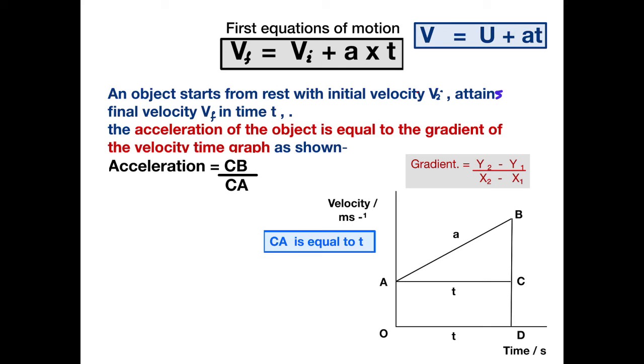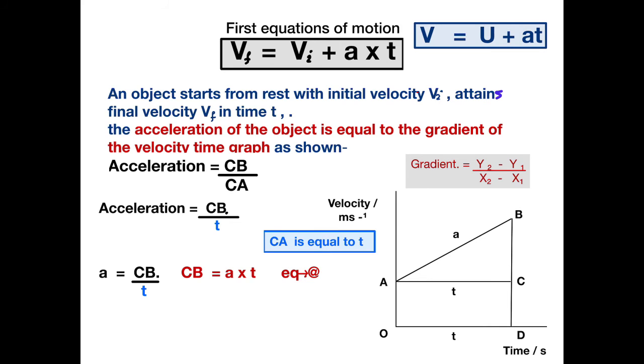Now CA represents time, as this is parallel to time axis, so we can replace CA by small t. Hence the equation becomes a equals CB by t, or making CB as subject, CB equals a multiplied by t.